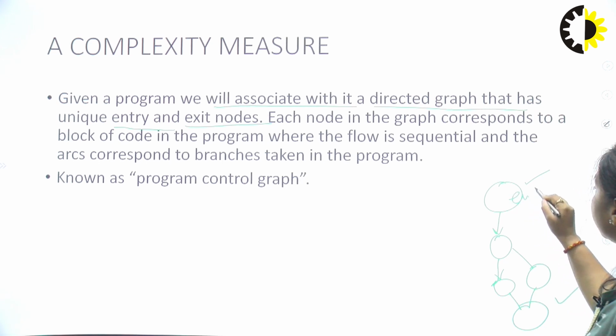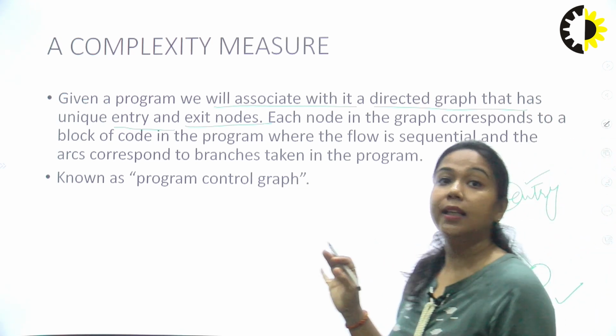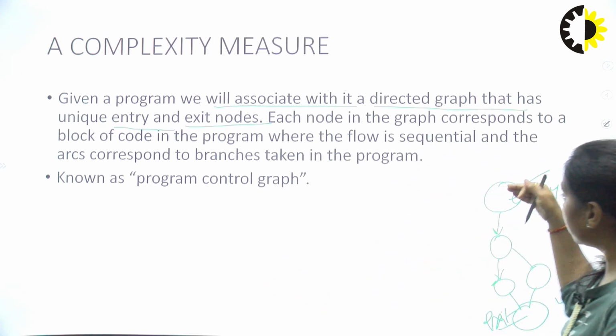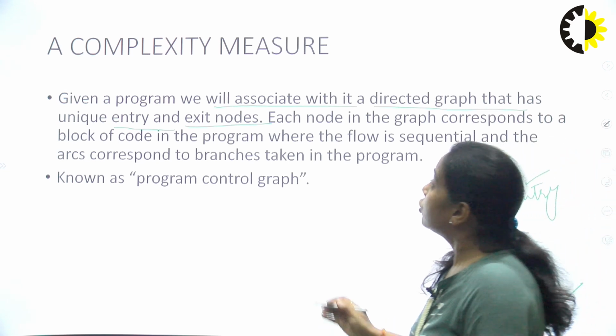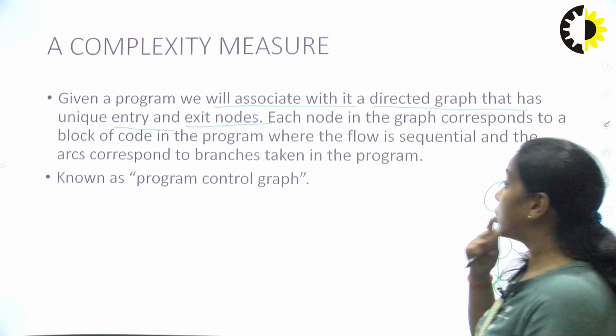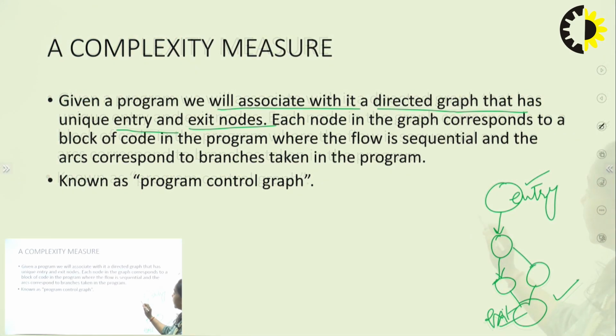This is the entry and this is the exit. The unique entry is at the top of the graph, and the exit is at the end of the graph. Each node in the graph corresponds to a block of code in the program. Every node represents lines of code within the program.